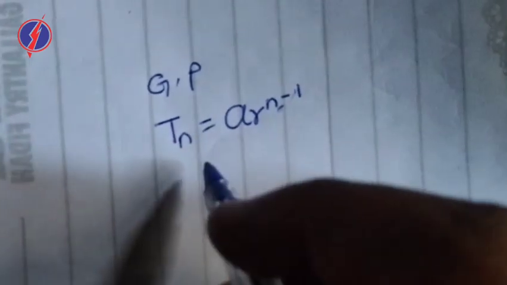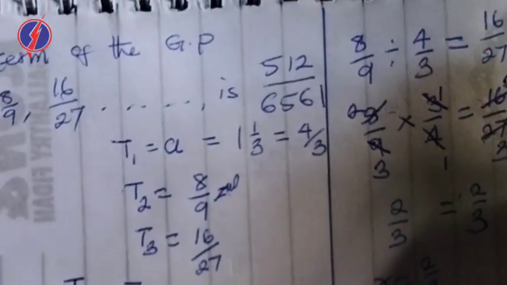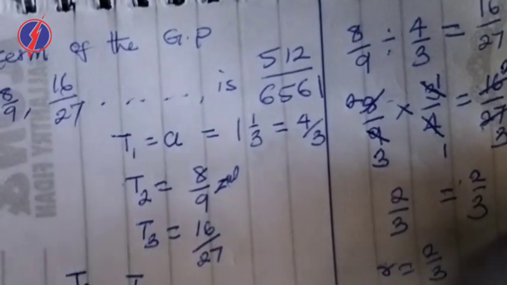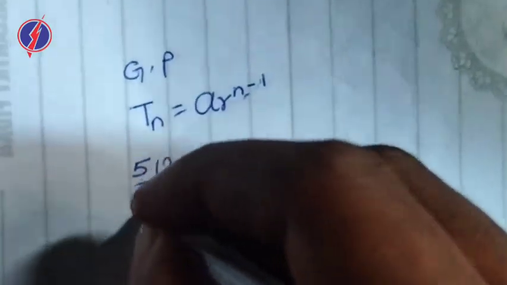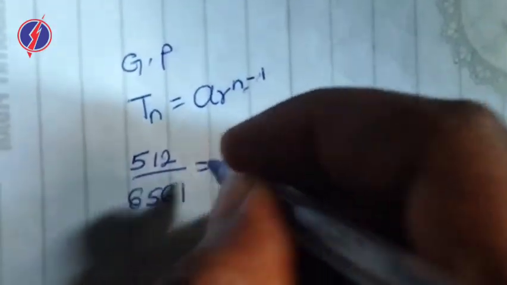What they are telling us to find now is this n here, that is the number of terms. They have given us the last term, 531441, which is the Tn. The Tn is the last term, while the n is the number of terms.